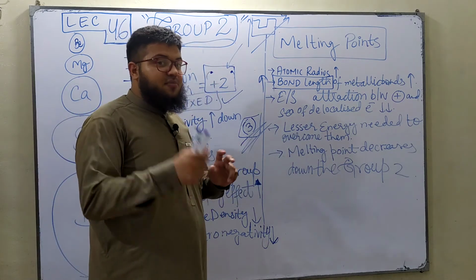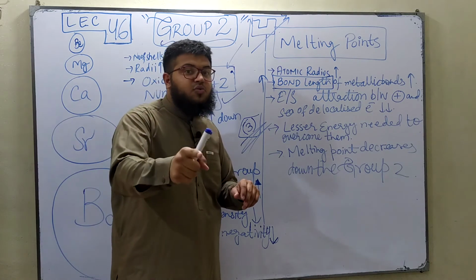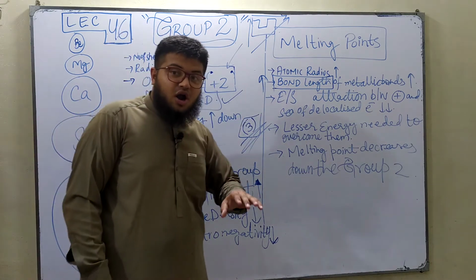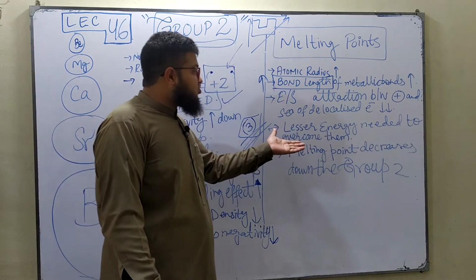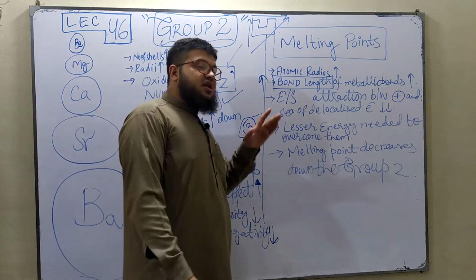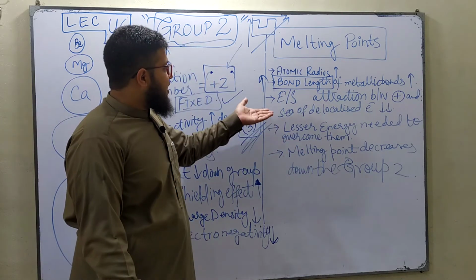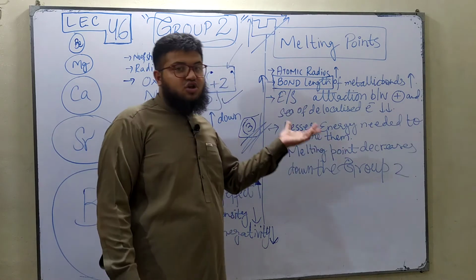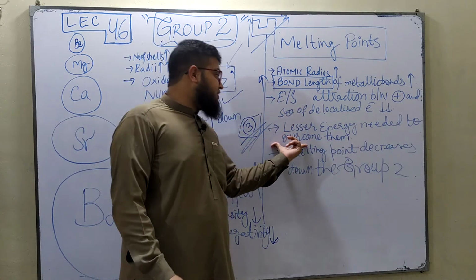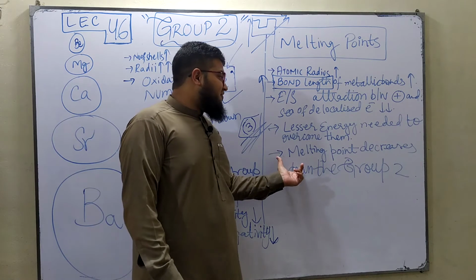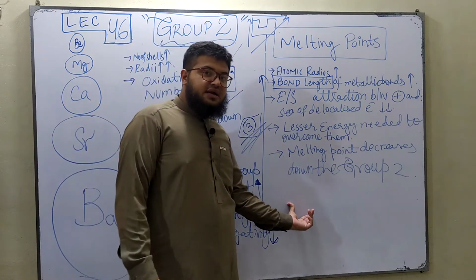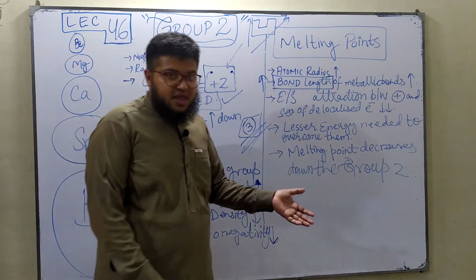Yes, it will be easier. And remember in the previous video on bond length and bond polarity, I told you that the longer the bond, the weaker it is. So that applies over here as well. Lesser energy would be required to overcome the sea of delocalized electrons with longer bonds, and hence the melting point will decrease because the lower elements have a larger radius.